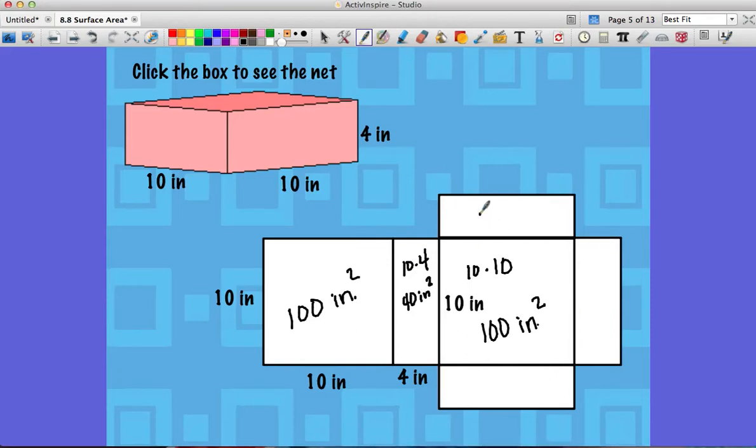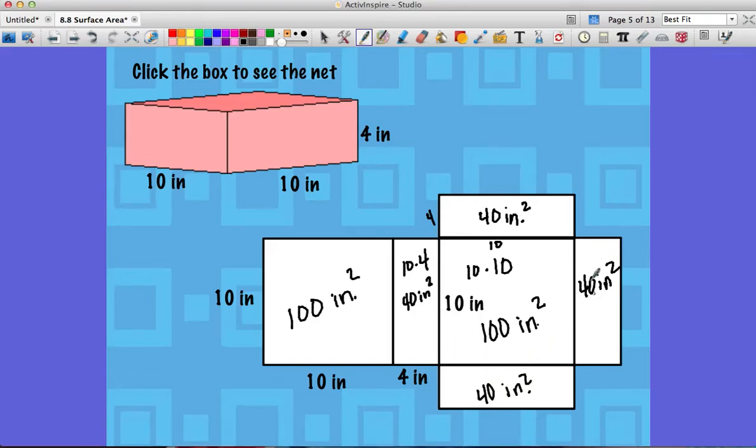So you know that, again, this will be 10 inches here and this will be 4 inches, making the area 40 square inches. And you know that their opposite shapes are congruent. So again, we have 40 inches squared here and 40 inches squared here.